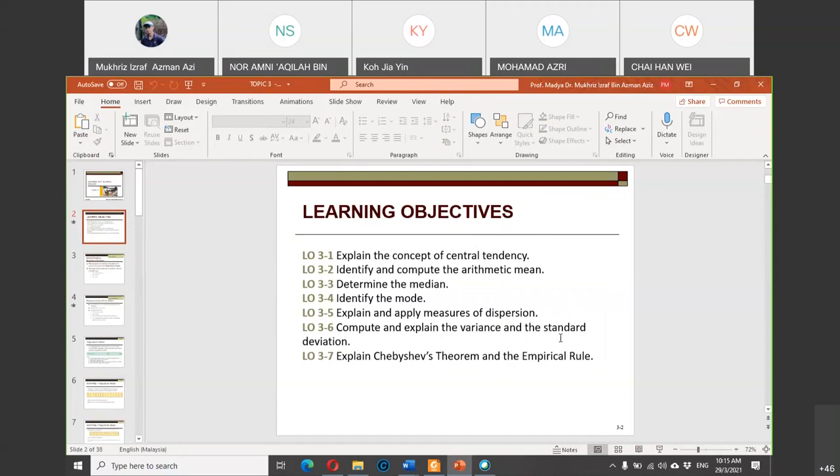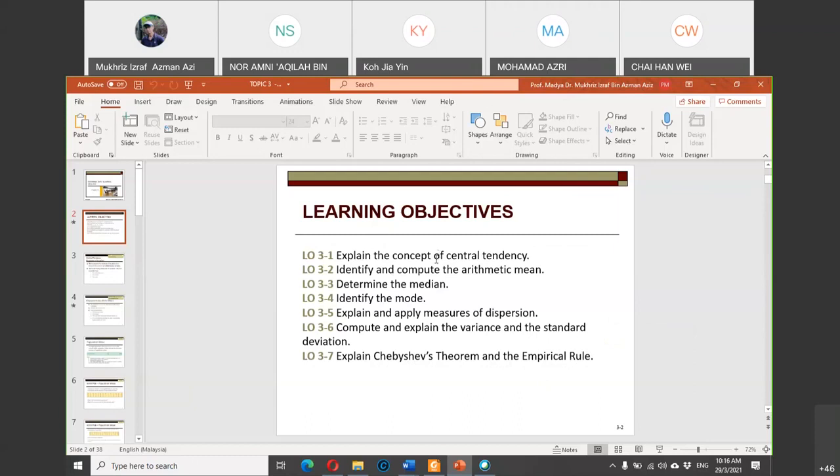You need to understand why we learn these two theorems, because in statistics and also in economics, whenever you collect data, especially on the empirical rule, whenever you want to perform hypothesis testing, the argument that you use to justify whether you reject or accept your hypothesis will be partly or mainly based on this empirical rule as well.